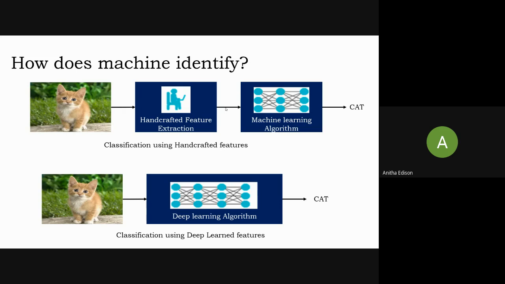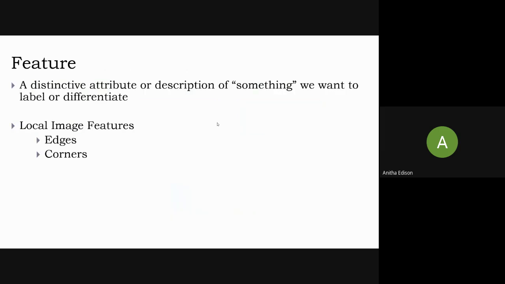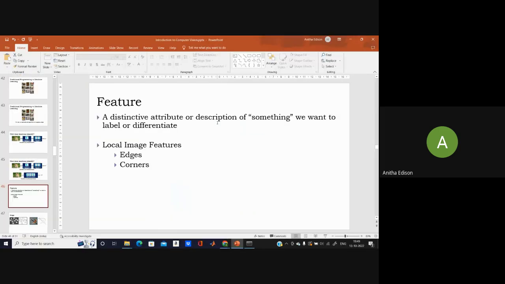So we'll be focusing on handcrafted feature extraction. I'll give some introduction to handcrafted feature extraction and also an introduction to some important machine learning algorithms. So before starting with this, I think we can have a break of 10 minutes.